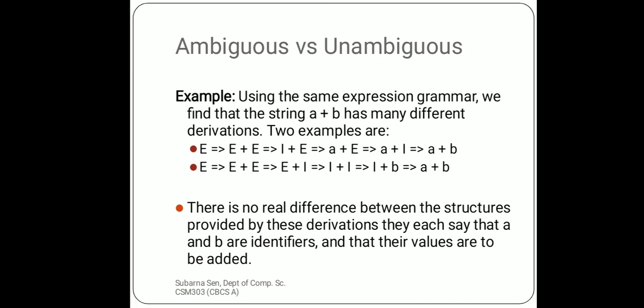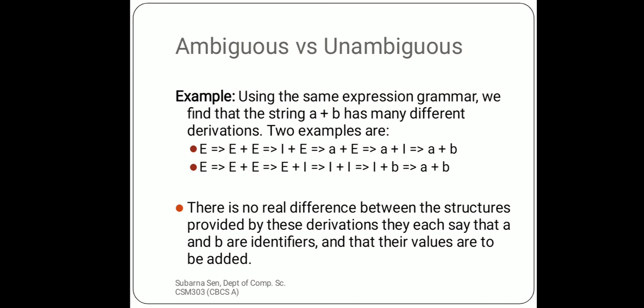In the first one we are replacing the first e with I, and after that we have replaced I with a, and again we have replaced e with I, and after that we have generated a plus b. But in the second way, we have replaced the second e instead of the first one, but ultimately the generation is the same. So whatever values you put for a and b, our answer will be the same.